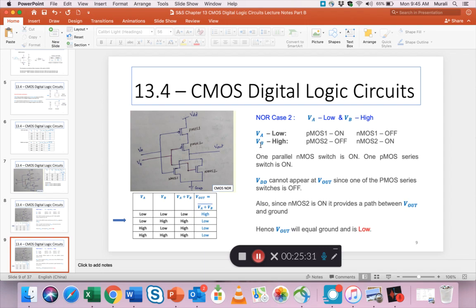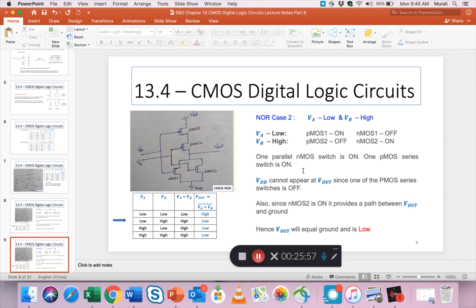Similarly, VB now is high, right? According to the truth table, VB is high. If VB is high, we know the PMOS it's attached to goes off. So VB is attached to PMOS 2, so PMOS 2 is off. And because VB is high, NMOS 2 turns on, right? So this is the summary of the conditions.